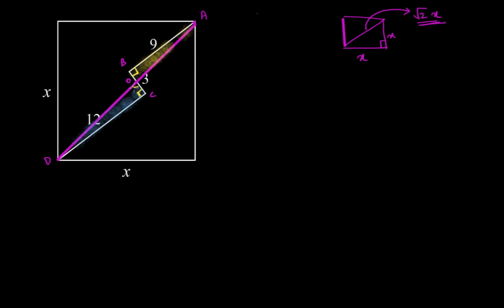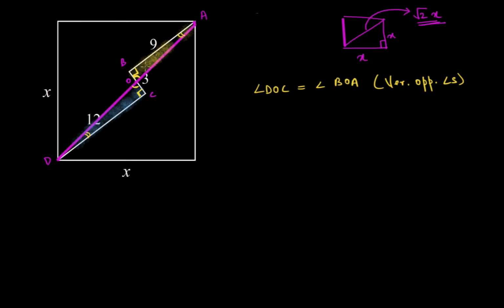This angle and this angle, will they be equal? Yeah, I think they'll be equal. That is, angle DOC will be equal to angle BOA. Why? Because they are vertically opposite angles. So they are equal. Now we know that if in a triangle two angles are equal, then the third angle will obviously be equal. This angle will be equal to this angle.